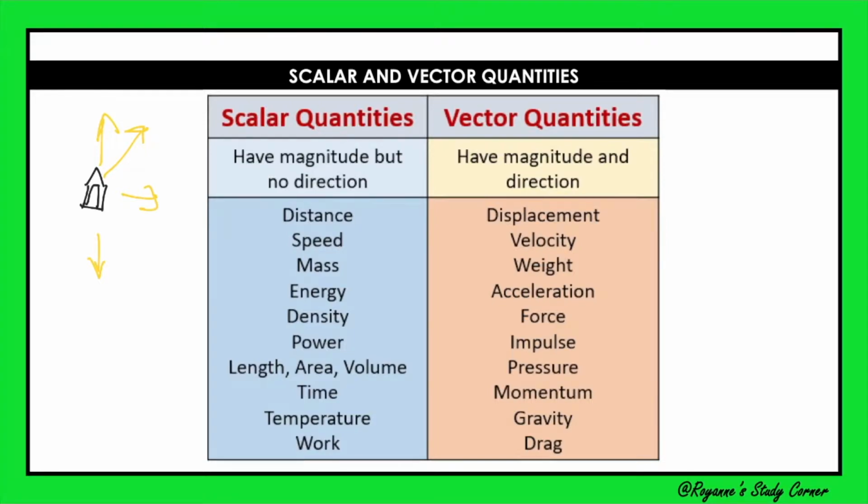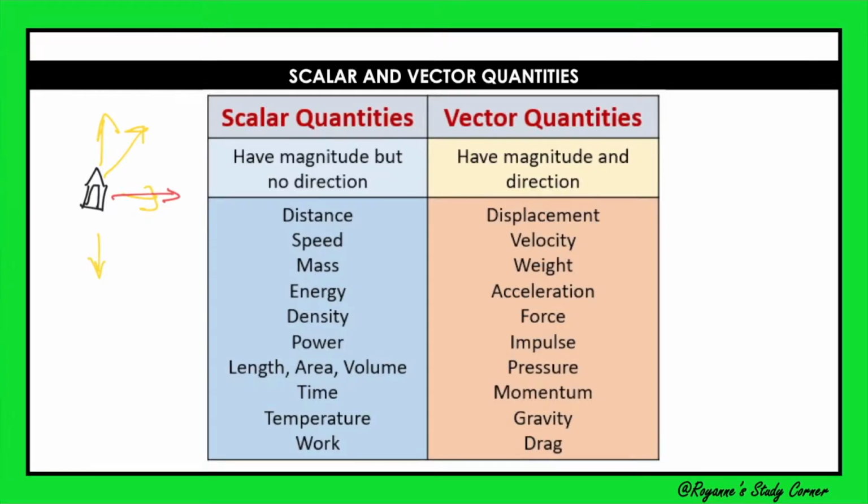So if I say I am 100 meters east of the kiosk, then we know I'm 100 meters in this direction. So it's the same magnitude of 100 meters, but now we have a direction.